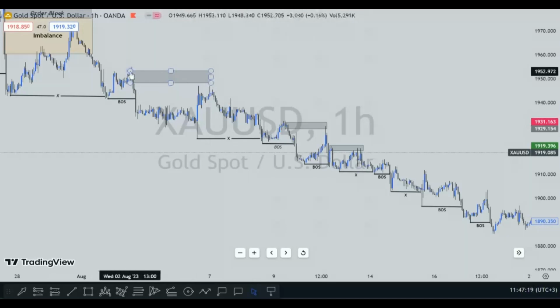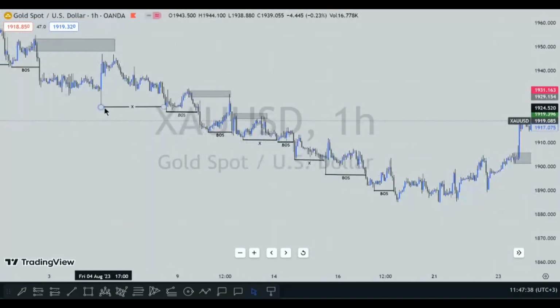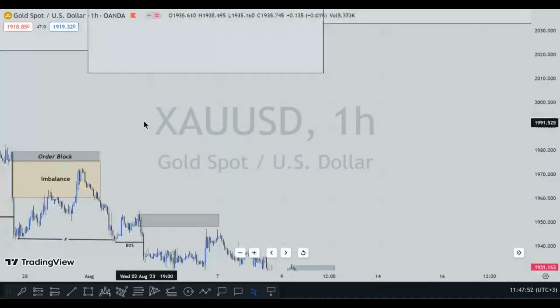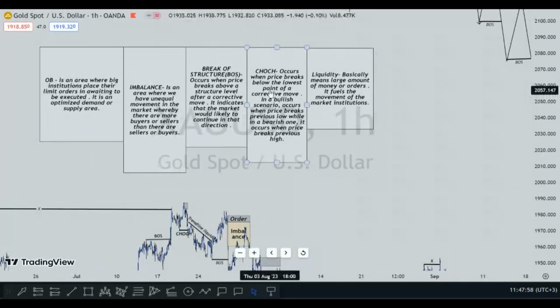So I'll mark my order blocks above this break of structure, and the fair value gaps I've not explained yet. I will explain when we reach there. As you can see, there are several breaks of structure to the downside. Next is change of character.